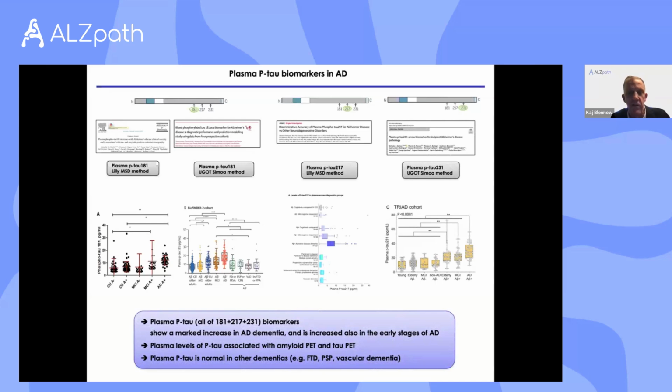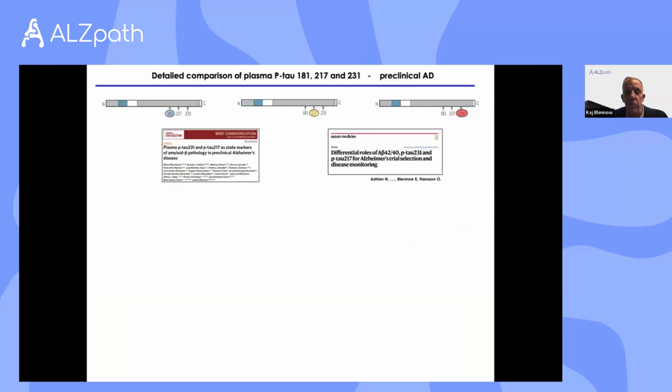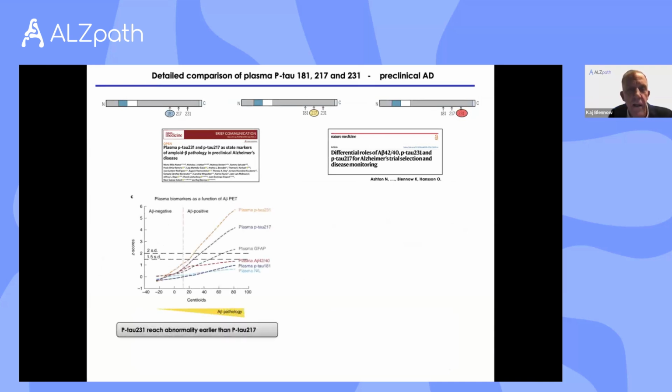So they are increased in AD, also rather early in this disease. You see clear associations with amyloid PET and tau PET, and tau and phospho-tau is normal in other dementias. There has also been a number of studies comparing these biomarkers, so 181 versus 217 versus 231, and so on.